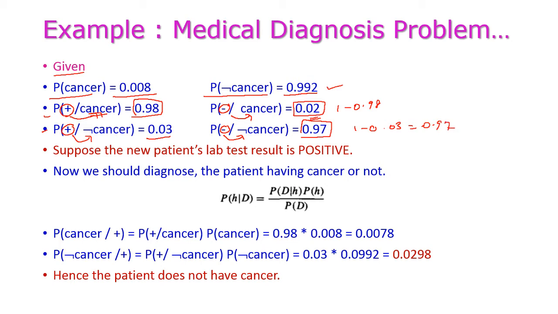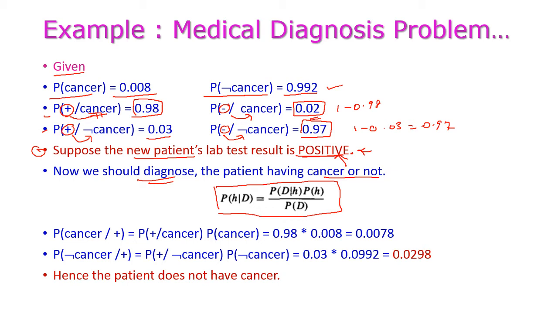Okay, now suppose the new patient's lab test result is positive. Now we have to diagnose whether the patient has cancer or not with respect to the lab test. Now the Bayes theorem is P of H given D, which is equal to P of D given H into P of H divided by P of D, right?